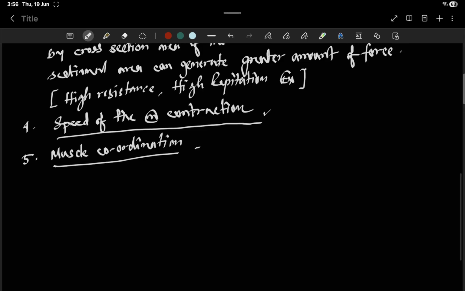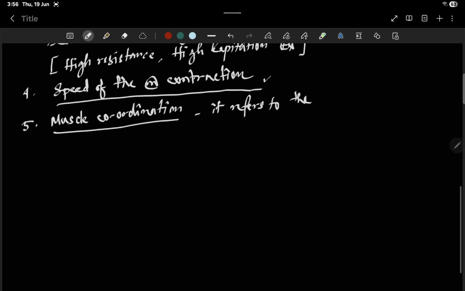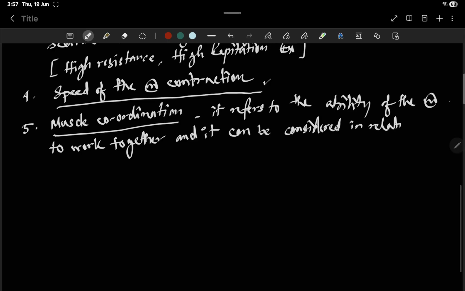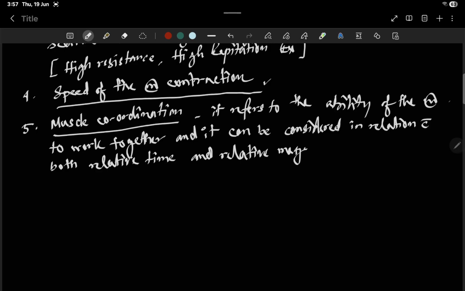And this is the muscle coordination. It refers to the ability of the muscles to work together, and it can be considered in relation with both relative time and relative magnitude.